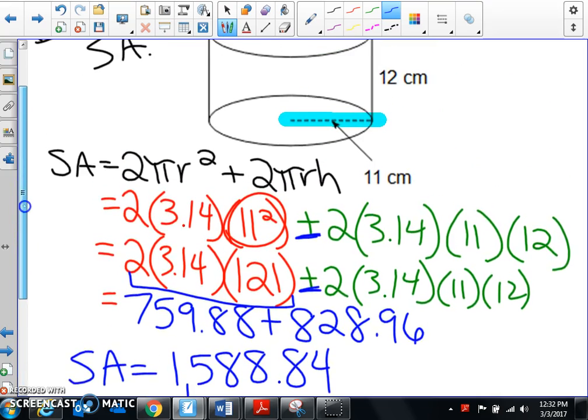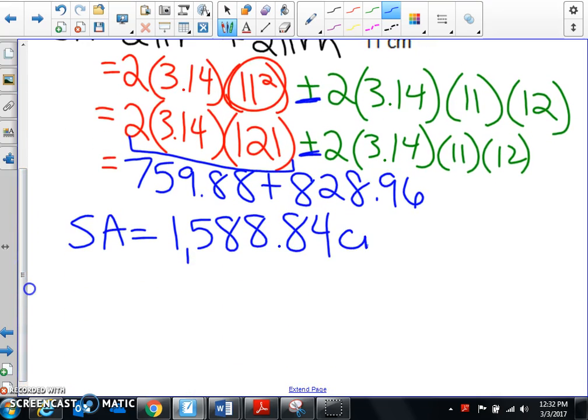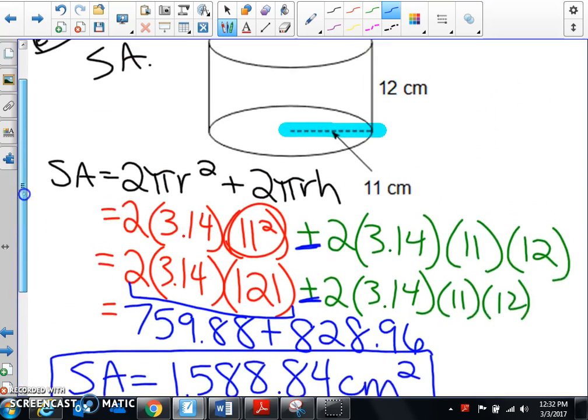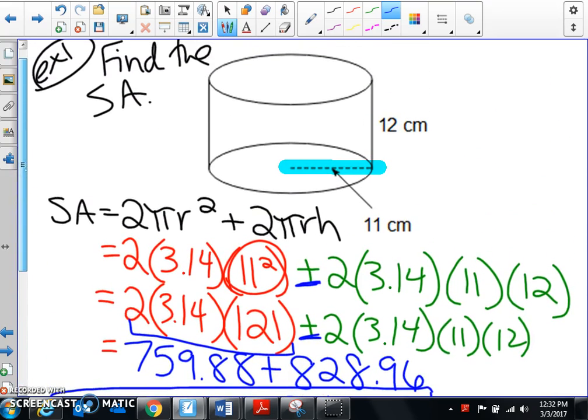And then my units are centimeters, and this is a surface area. Area is always squared. A lot of times for a cylinder, they're going to say how much aluminum or how much metal would you need to make the can. Example number 2.